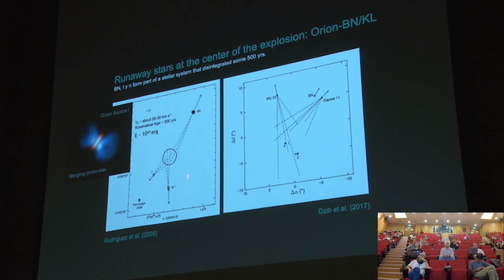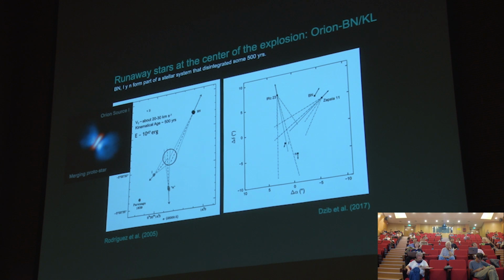Those sources have really large proper motions, something like 22 kilometers per second. The kinematical age, when those sources were supposed to be really close together, is something like 500 years. This work was made by Rodriguez, and all these filaments that I saw in the SMA and ALMA point toward this position.